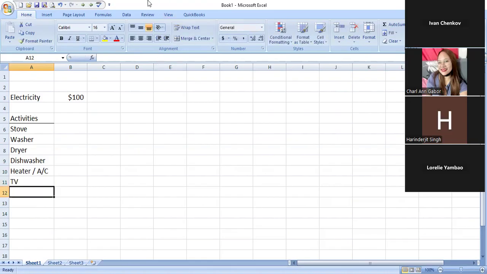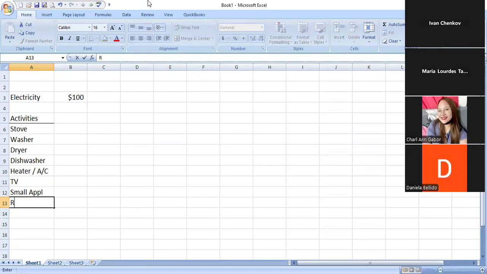What else? Are you warming up? Electrodomestics? Sorry? The electrodomestics like the coffee machine, the blender. Okay. Small appliances. Appliances, okay. What else? Microwave? Refrigerator. Refrigerator. Okay. What else?